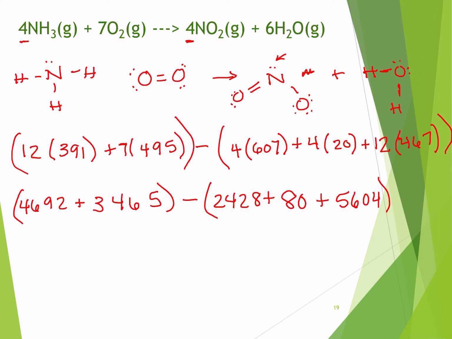All right, and then we can go through, wrap things up. And we get 45 kilojoules. And so this is an endothermic reaction because our delta H of the reaction came out positive.